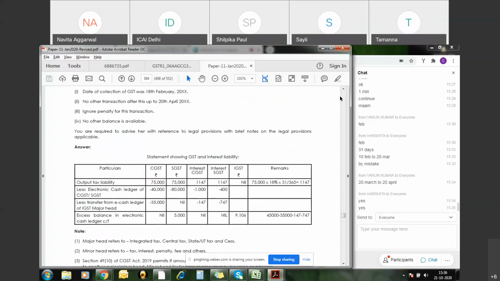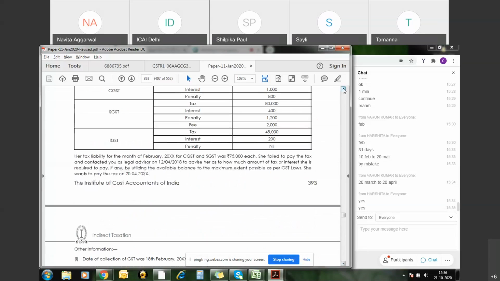And the available balance under IGST of 147, they have just given that there is a balance of 200. 200 is the balance over here and 400 has been utilized.